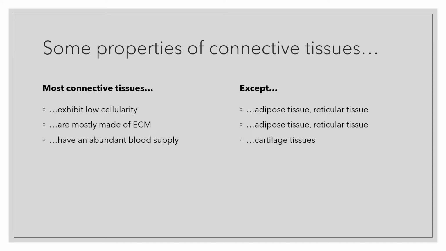An exception to this is cartilage tissues, which have none. There is blood supply in the cartilage perichondrium membrane, but in the tissue itself, in the cartilage itself, there is no blood supply. How do cartilage cells get fed is an interesting question and still sort of an open question in biology.